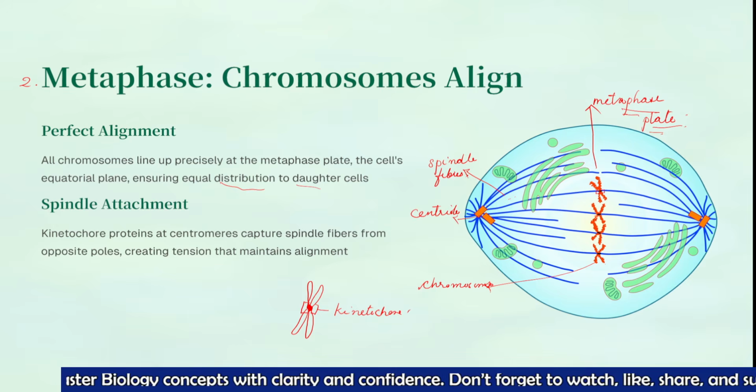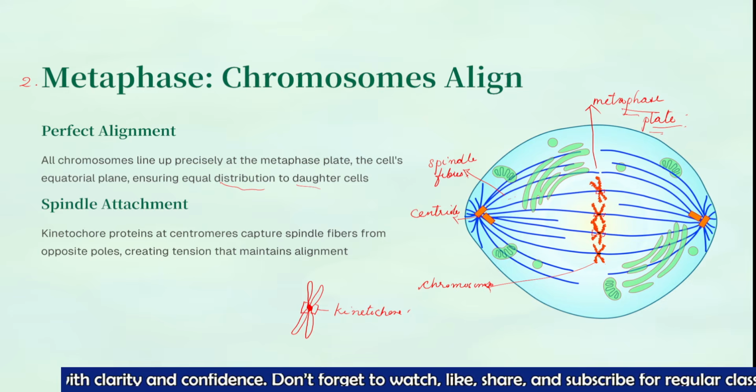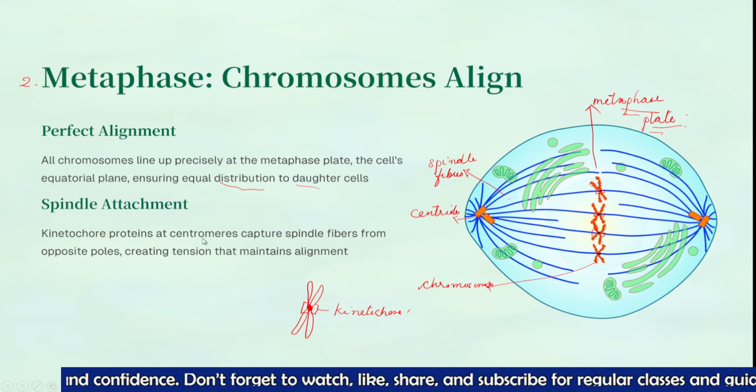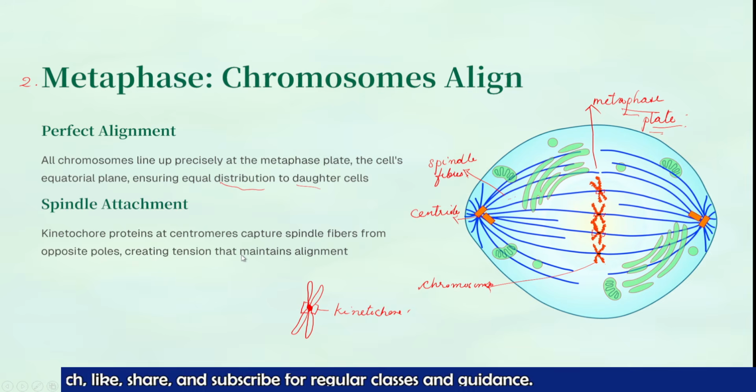The spindle fibers attach to the kinetochore. So the kinetochore protein at the centromere captures the spindle fibers from the opposite pole, creating the tension that maintains this alignment. I hope this part is clear.